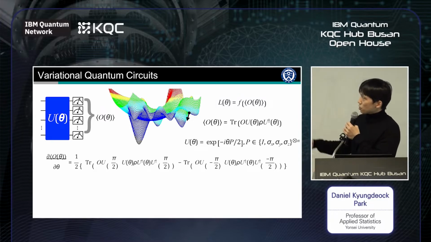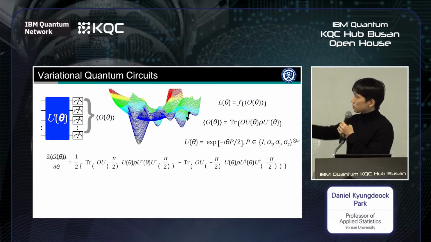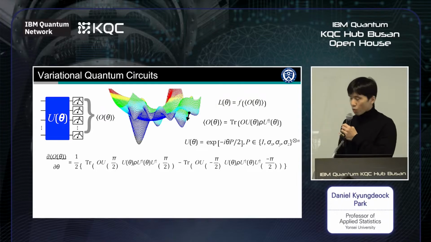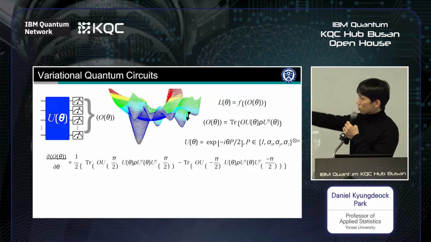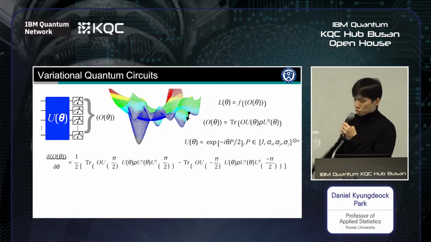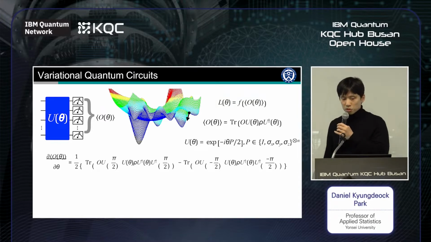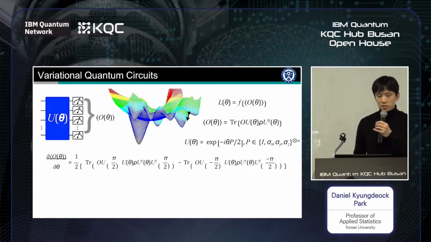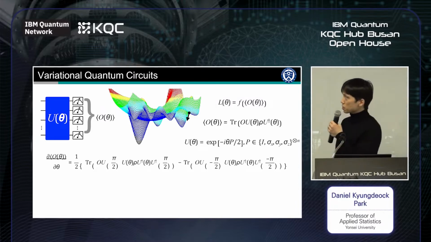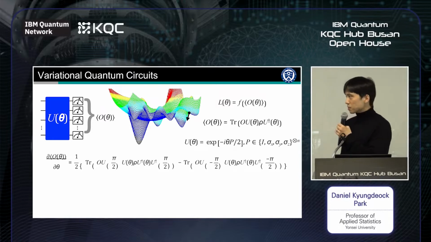And here, the loss function is defined as some sort of quantity that we measure from a quantum circuit. So on the very left-hand side, I drew some abstract quantum circuit. And after we perform some measurement, because of the probabilistic nature of quantum computing, we measure some expectation value. And that expectation value could be used to construct a loss function.